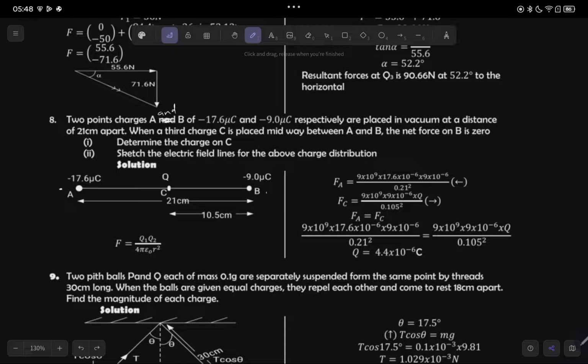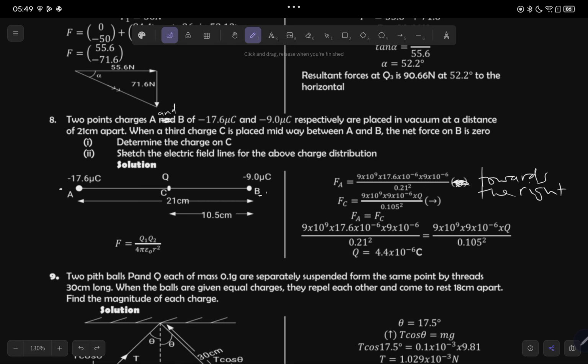Now, automatically, the negative 17 microcoulomb charge will repel the negative 9 microcoulomb charge with a force that is calculated, that is the force due to the charge at A. Because we need the net force acting on B to be 0, the charge at A will repel the charge at B. This is a repulsive force towards the right.